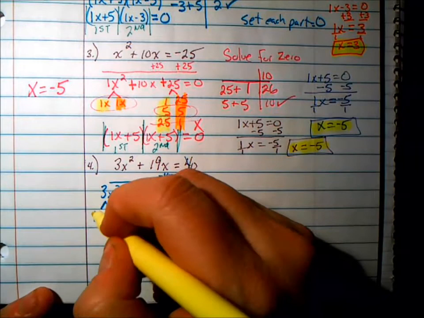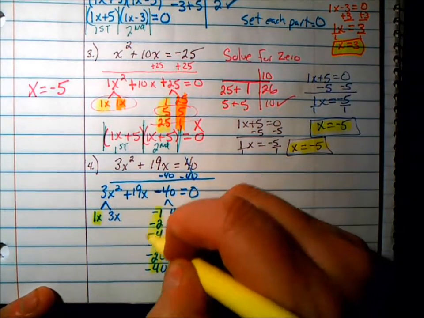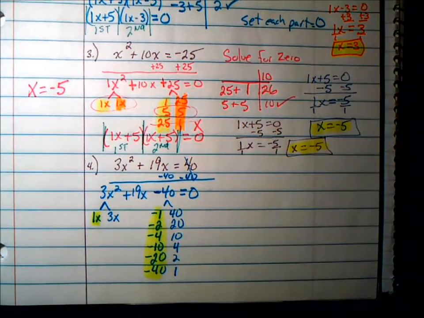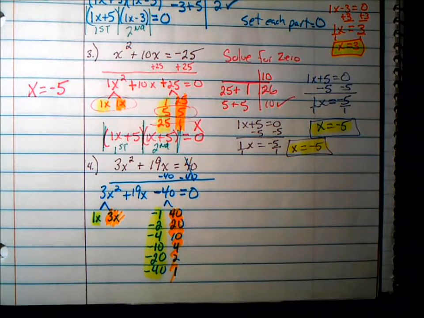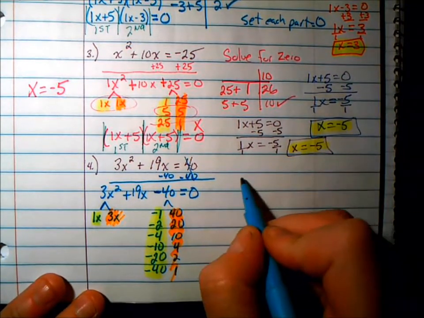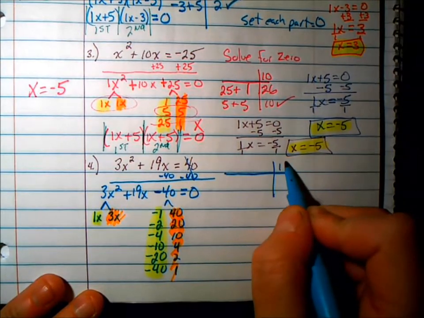I'm going to highlight my first columns, yellow, and I'll highlight my second columns, my orange, so that now I can tell that my target is 19.